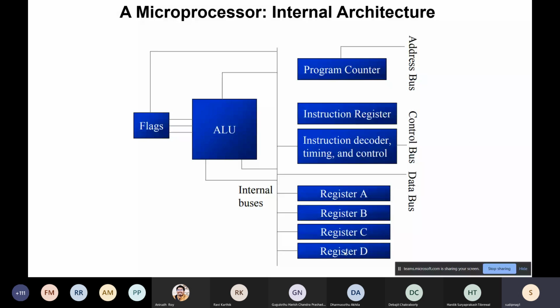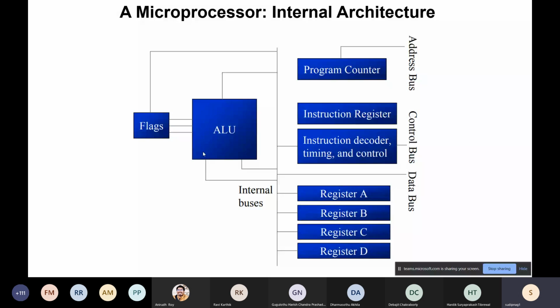So the first clock cycle elapsed in getting the data over here. The second clock cycle was used to get data out to register A. The third clock cycle is utilized to get the data over here. The fourth clock cycle is used to take it to the other input of the ALU.